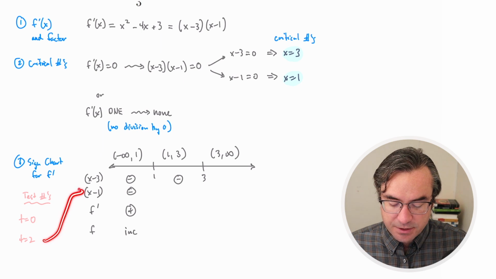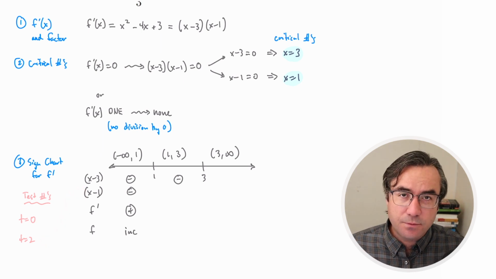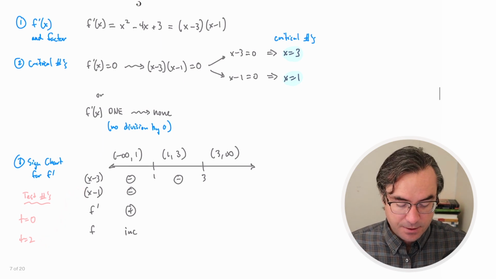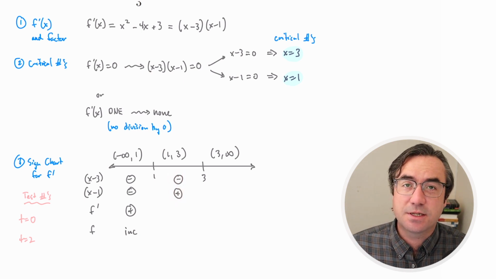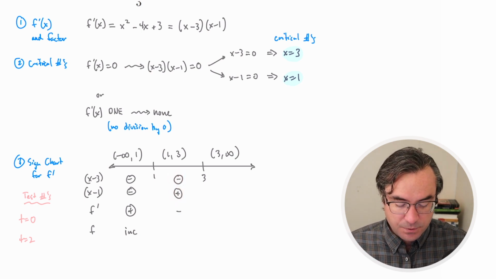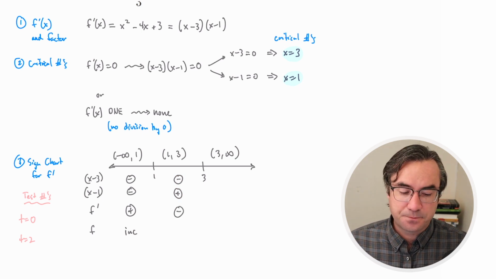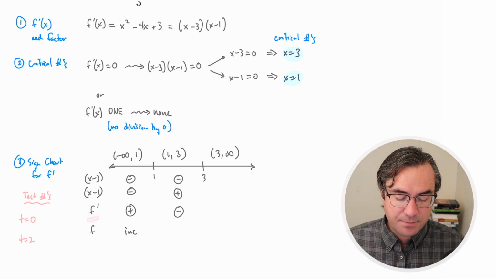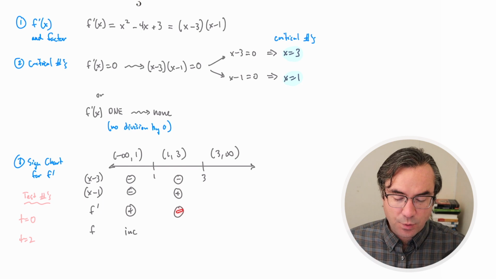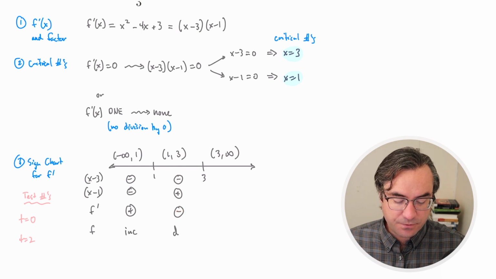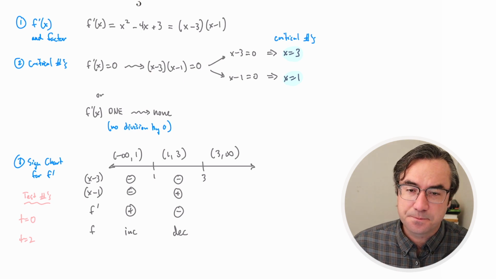Then we plug 2 into the other factor, so we get 2 minus 1, which is positive 1. So positive. Here we have a negative number times a positive number, so just a single negative, which means the result is going to be negative. So f prime is negative on this interval. And if f prime is negative, that means our original function is decreasing.